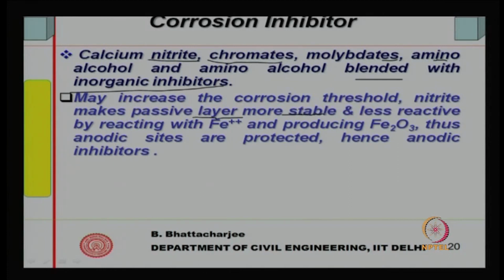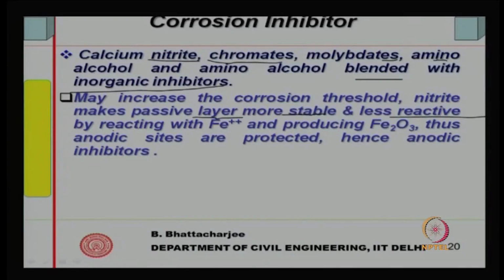So, a dense oxide film at the surface of the steel bar is sometimes desirable. So, generally they increase the corrosion threshold by making that passive layer stable. So, the oxide layer that is formed over the rebar becomes stable.